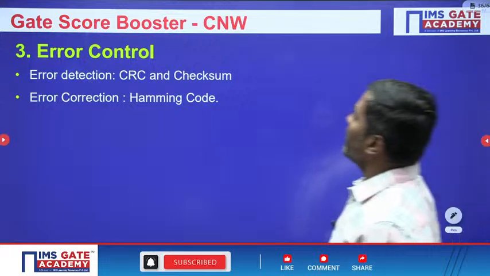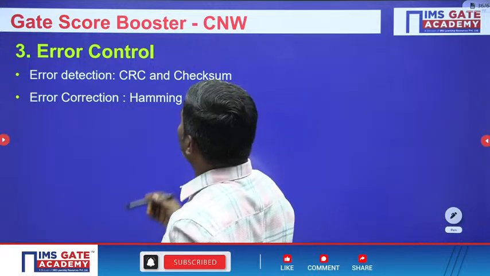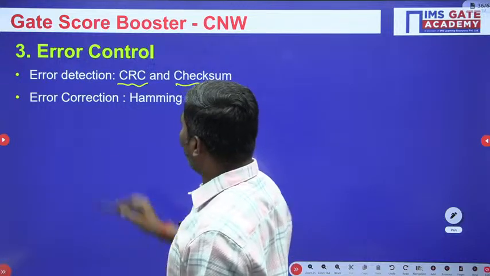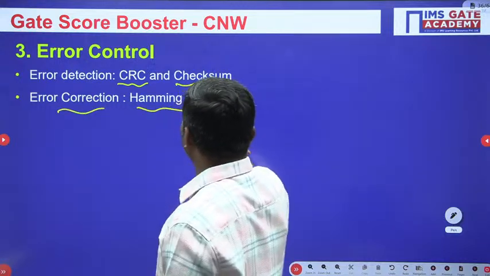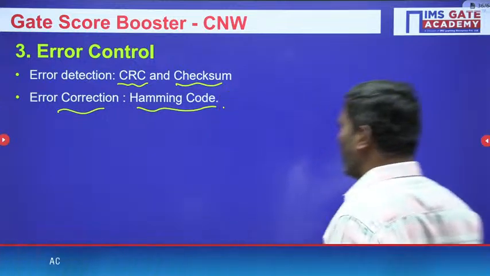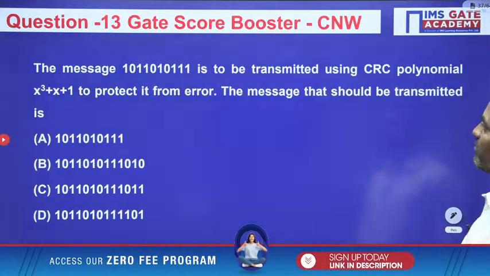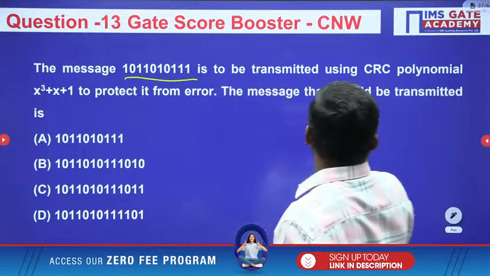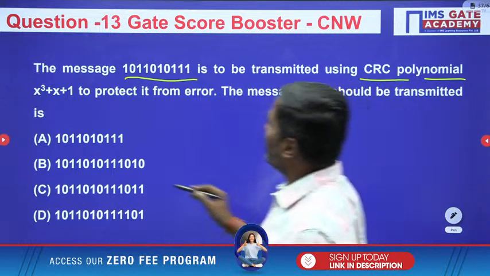Now coming to the error control method. For error detection, you mainly study CRC and checksum, and for error correction, Hamming codes we have to observe. Some questions related to this we will see. The message is to be transmitted using the given CRC polynomial function.